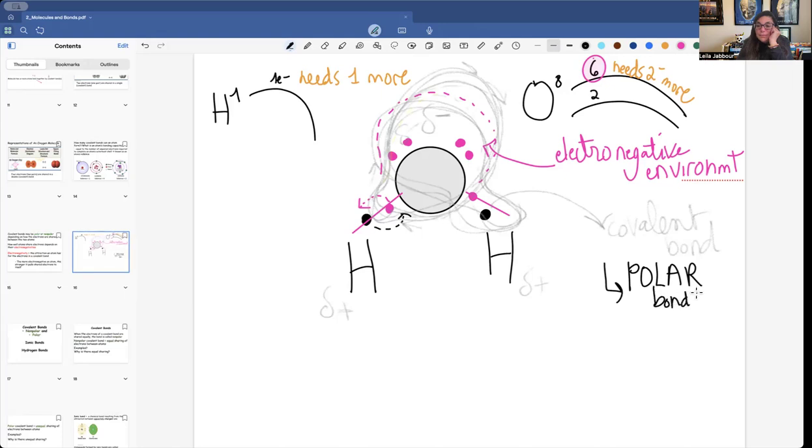Polar covalent bonds. This is the most appropriate way. Why? Because they are covalent bonds. We're not splitting. They are covalent bonds, and the cloud is more towards the oxygen, a little bit over hydrogen.